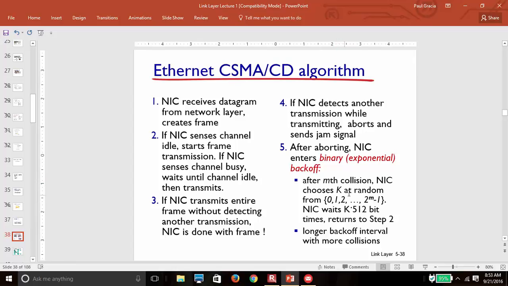Then, based on that number, it waits k times 512 bit times, and then it returns to step 2. As you've noticed, this backoff interval gets longer the larger the number m gets, and m, of course, is related to the number of collisions.